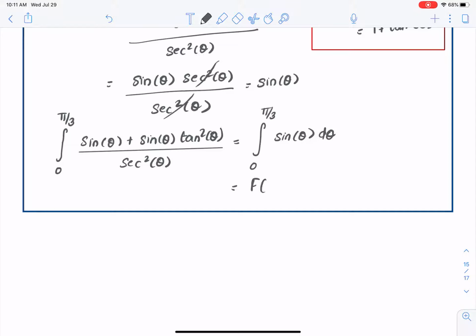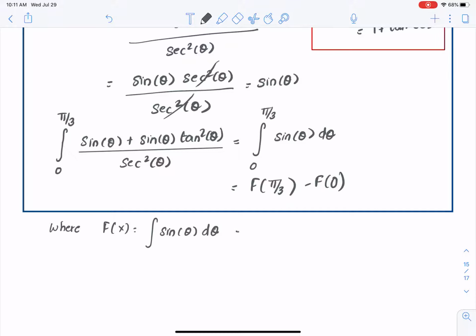And that would be F of pi over 3 minus F of 0, where F is the indefinite integral of sine theta d theta.